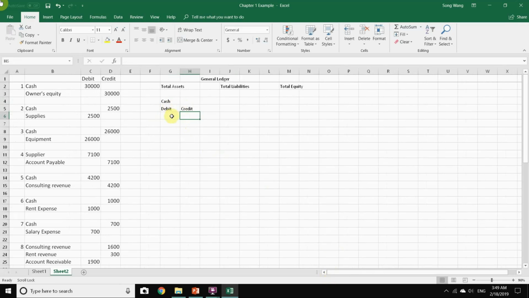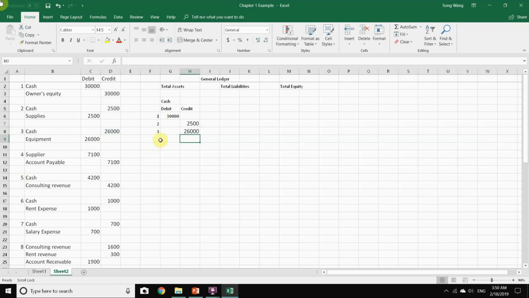So the first one is transaction number 1, and you have a debit of $30,000 for cash. Just put it here. And for the next one, you have a credit. So this is the second one. You have a credit of 25. So just make a link to this 25. And then you keep searching for cash. And then for the third, you have a $26,000 credit.